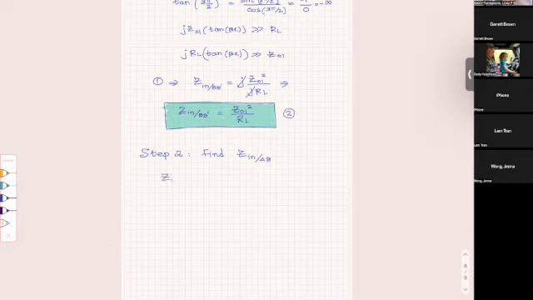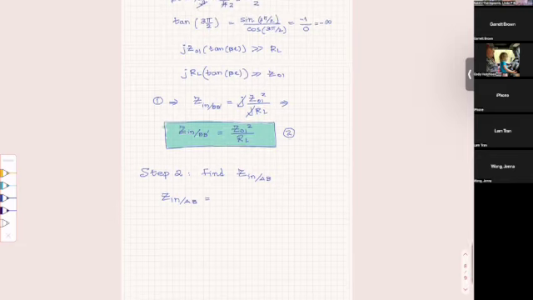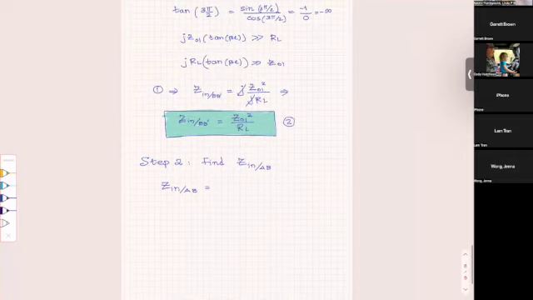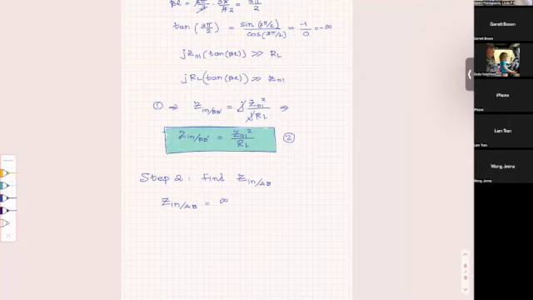Because the stub is, well, we will write the same exact equation. The stub is open-end, so the load is infinity. It's 50 ohms rather, which is 50. And then you have the load, which is infinity, plus J.